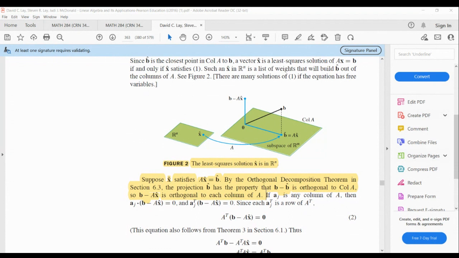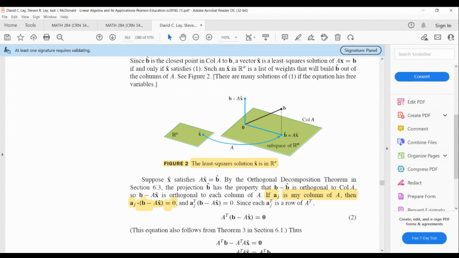So basically, what this means is that if you were to take the dot product of any column vector a sub j with the vector b minus A times x hat, you see it there in figure 2 in the picture, the dot product would equal 0.